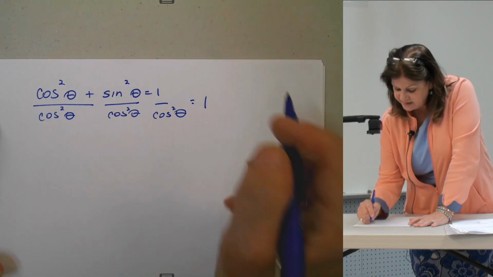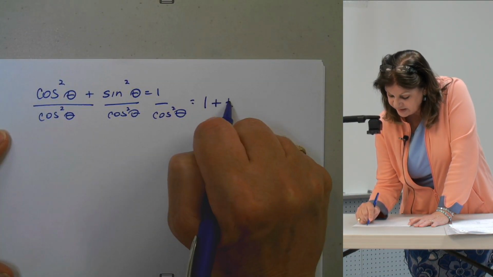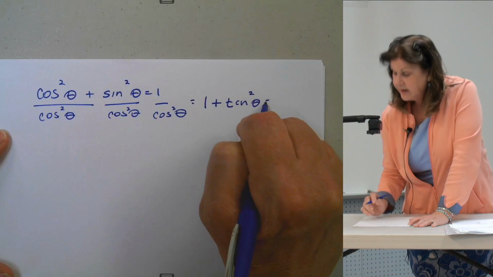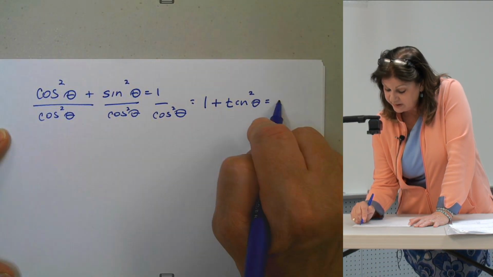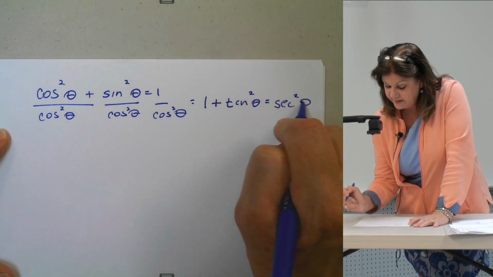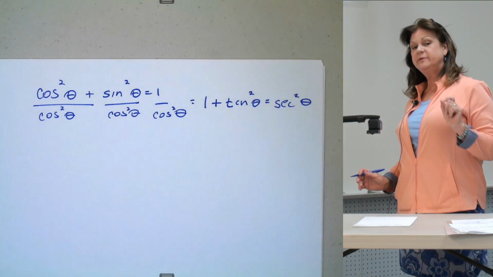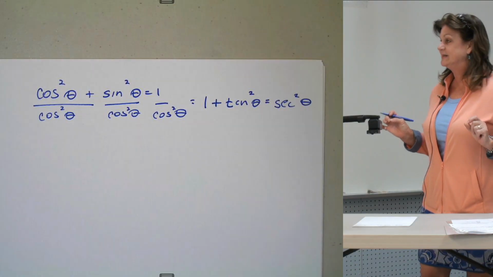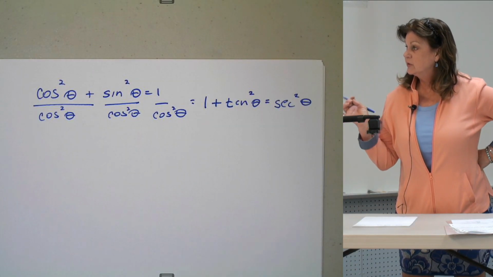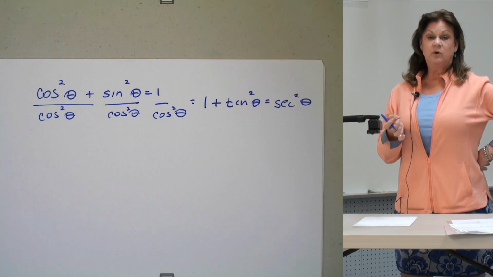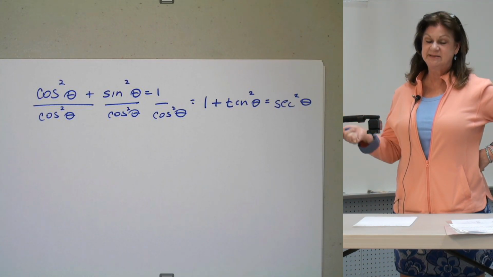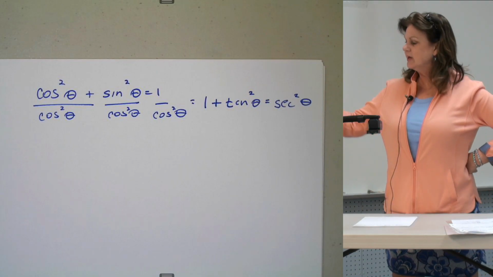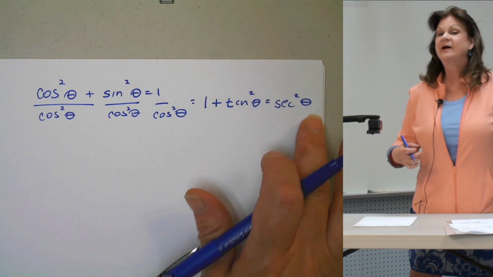Oh yeah, that's tangent, so I have tan squared. And 1 over cosine is secant, so we end up with secant squared theta. So there's one of your variations of the granddaddy identity: 1 plus tan squared is secant squared. Again, you don't have to remember this, but you have to know how to find it.